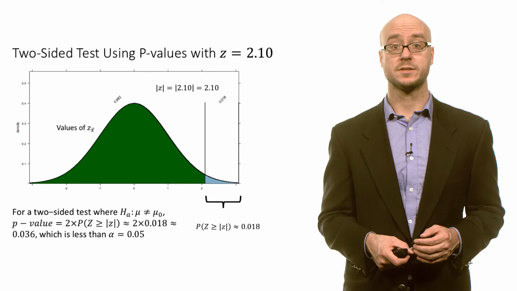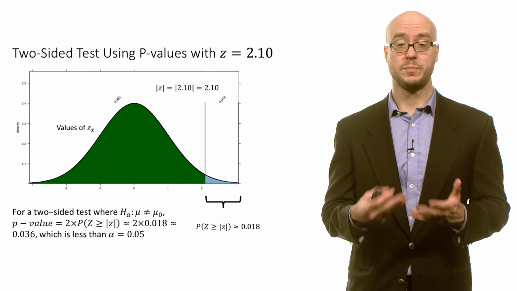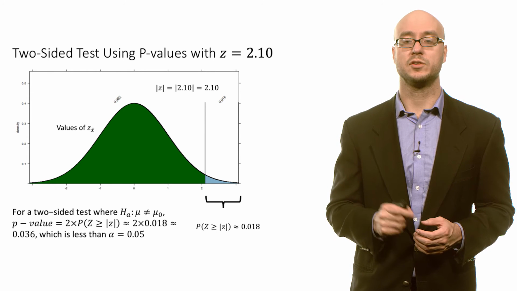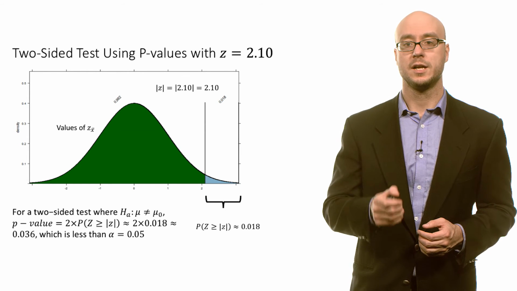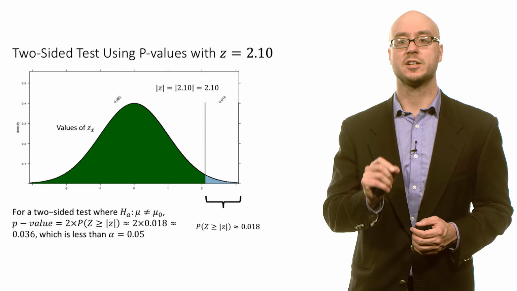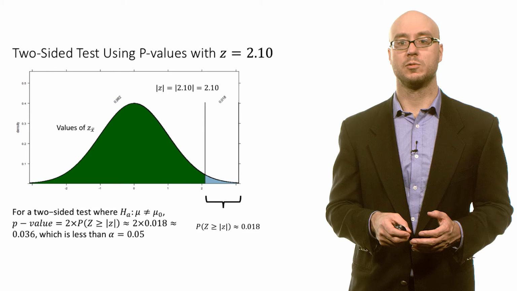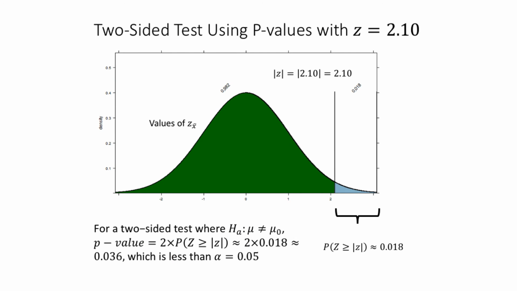Again, we can visualize this, right? Here's a two-sided test with a p-value, right? Here, in absolute value, our z-test statistic of 2.1 is simply 2.1. The probability of obtaining a z-test statistic greater than or equal to the one we obtained in absolute value is about 0.018. That's given by that sliver of area under the curve of the standard normal distribution model on the right-hand side.